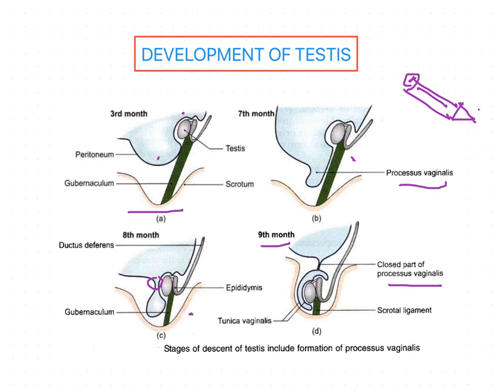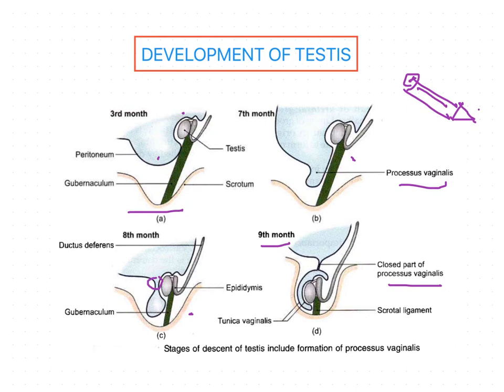Because of that, it has 2 layers, a parietal layer and a visceral layer for this tunica vaginalis. So we have seen this tunica vaginalis as a covering of the testis in the previous session. Okay, yes, and this descent does not occur after 1 year of age.